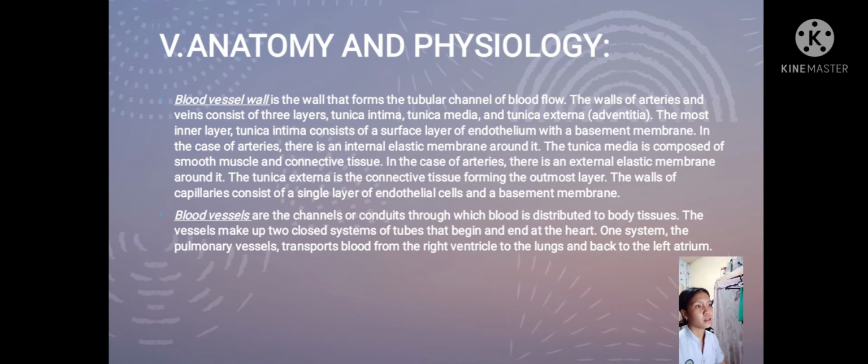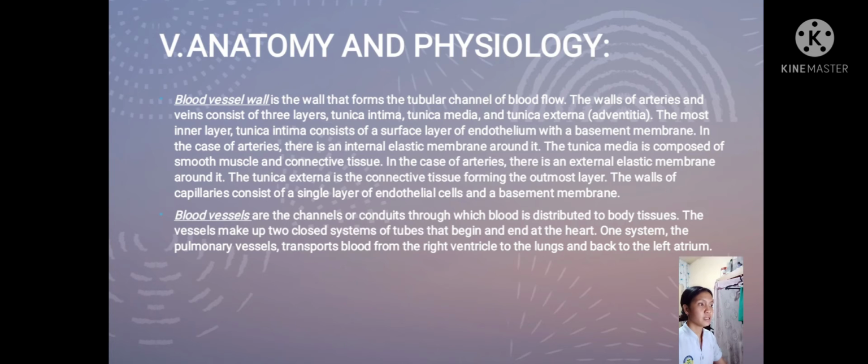Blood vessel wall is the wall that forms the tubular channel of blood flow. The walls of arteries and veins consist of 3 layers: tunica intima, tunica media, and tunica externa. The innermost layer is the tunica intima, which consists of a surface layer of endothelium with a basement membrane.